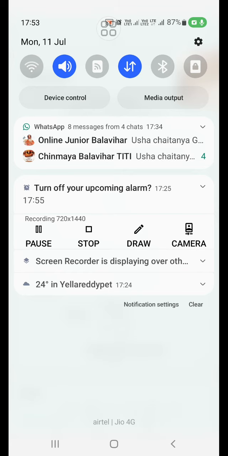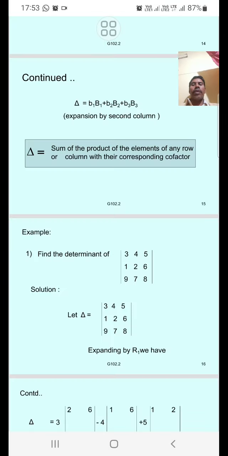So i indicates the row number where the element is located, and j represents the column number where the element is located.